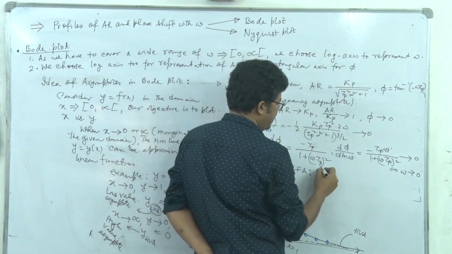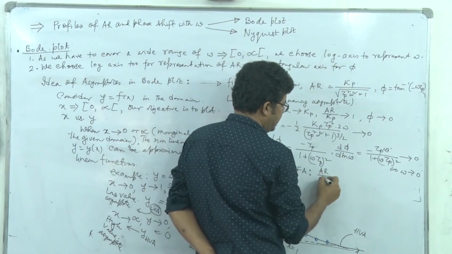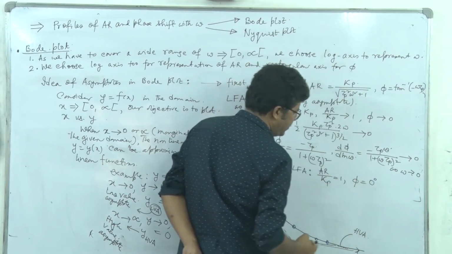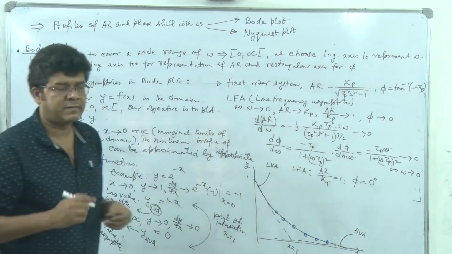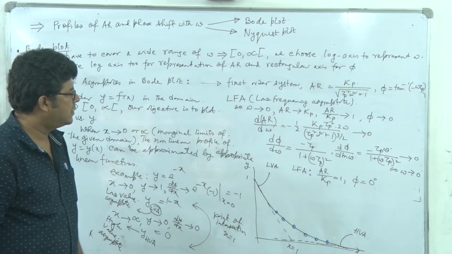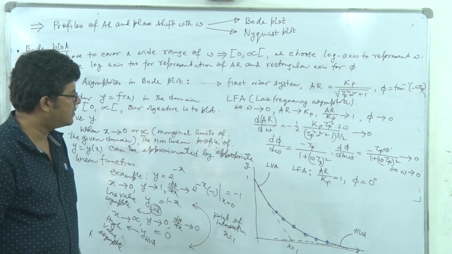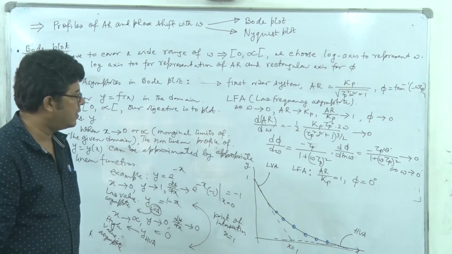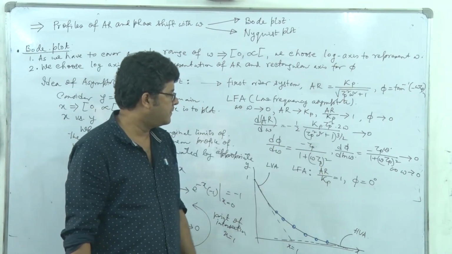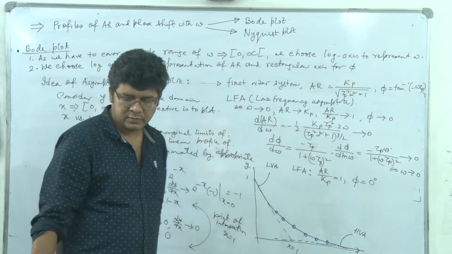Equation of LFA we can write that AR by Kp equal to 1 and phi is equal to 0 degree. Right? Phi is equal to 0 degree because the slope finally in this semi-log space, that is phi versus log of omega, is equal to 0. So phi is equal to 0.